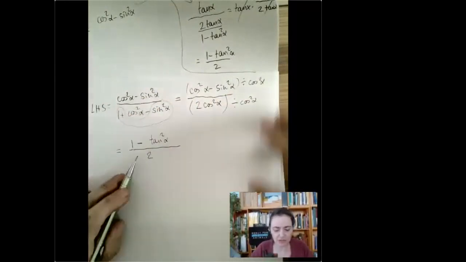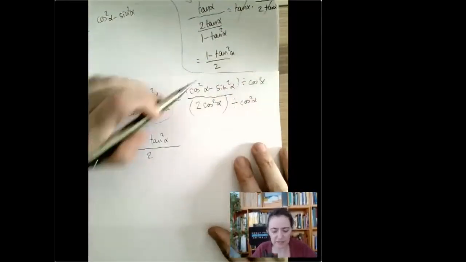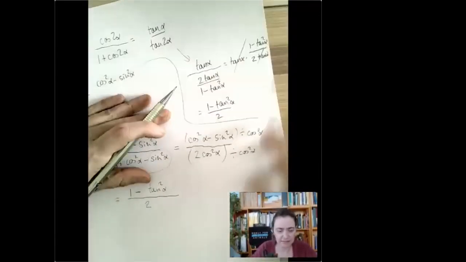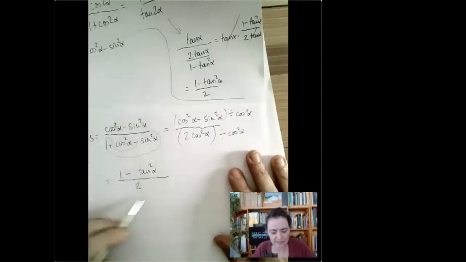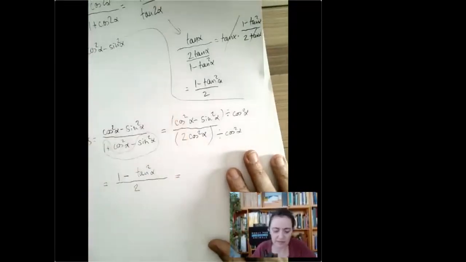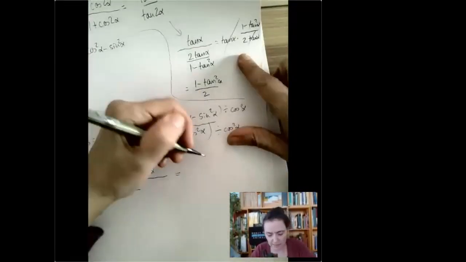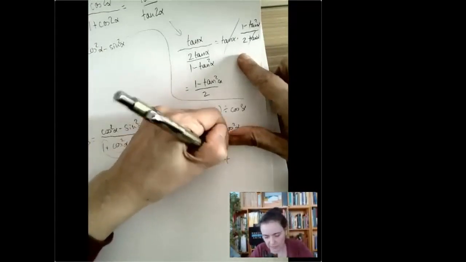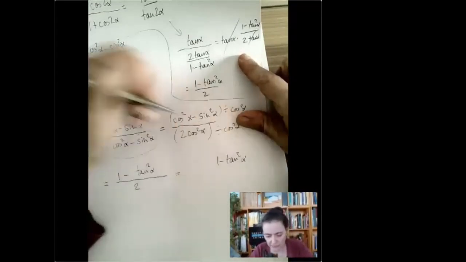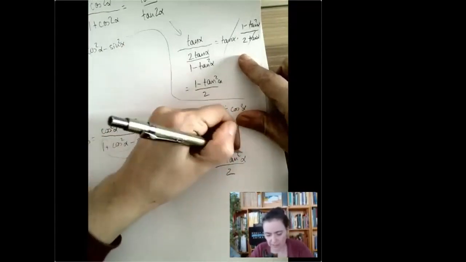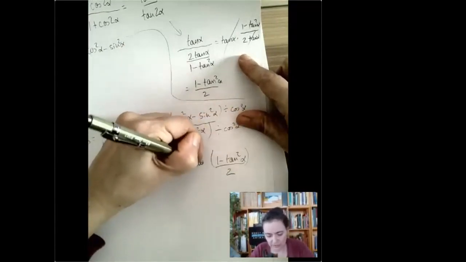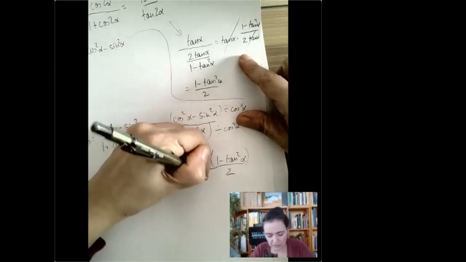And then we're just going to say, well, wait a minute. Now we're just going to write this backwards, because see, now we're complicating things. This is basically the simplest thing. So we're going to say, well, that's the same as 1 minus tangent squared alpha over 2 times tangent alpha over tangent alpha.